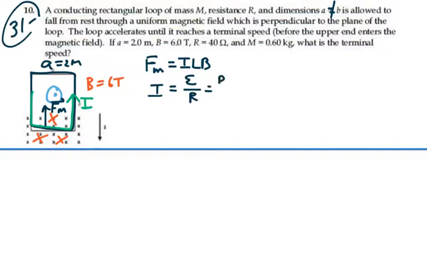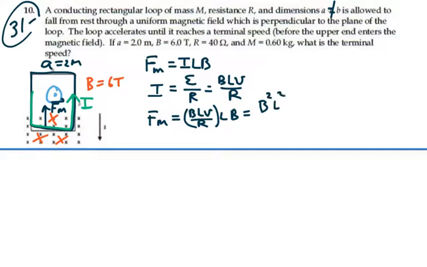That's going to be equal to BLV divided by the resistance. So this magnetic force is going to be equal to the current BLV divided by resistance times L times B, or B squared L squared V divided by R.